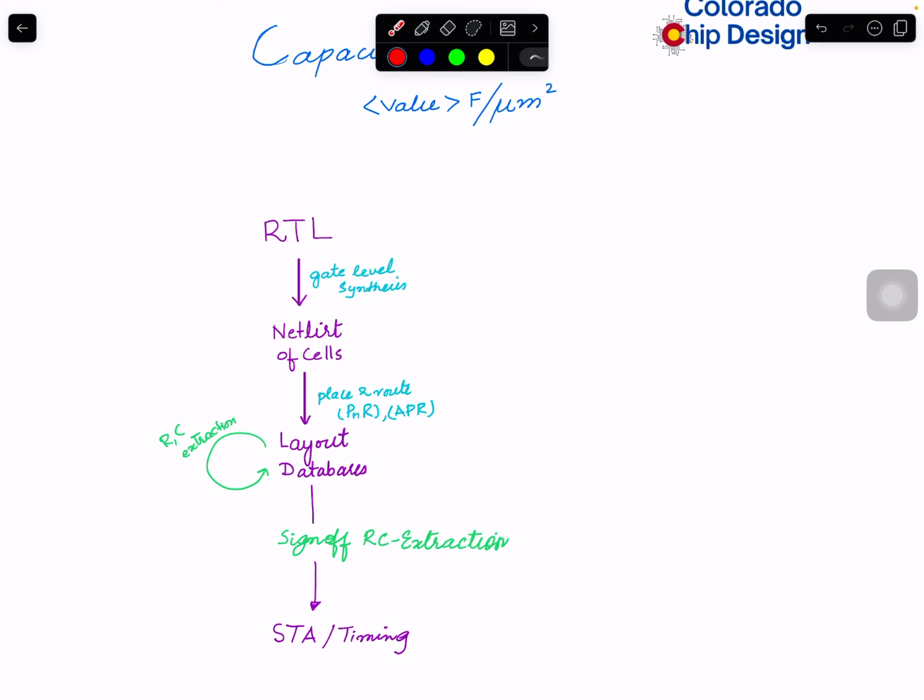But once you have a final database, you do a sign-off RC extraction using a Synopsys tool, for example, StarRC. StarRC will extract all resistance and capacitance nodes, even tiny bits.